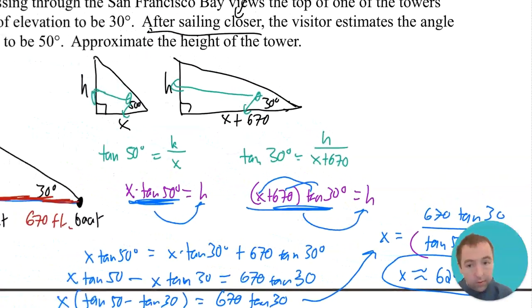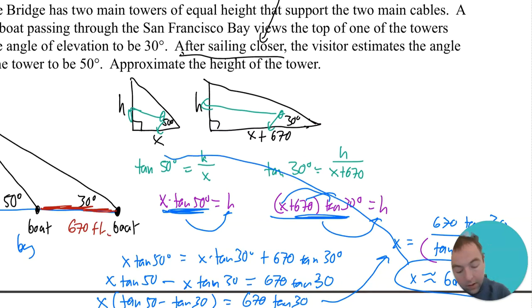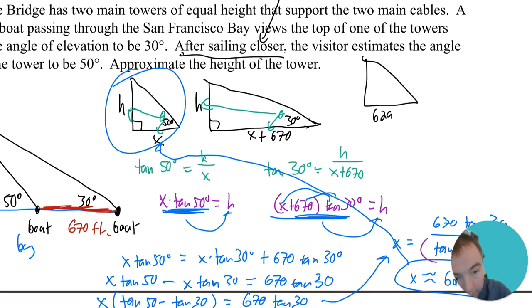So what we could do with this known x value is substitute it into maybe this triangle, and then use some trig to find h there. So since in that triangle we know this is 629.59 and this is h and this is a 50-degree angle in a right triangle, we could still use the tangent ratio and know that tangent of 50 degrees is h over 629.59, and then multiply both sides by 629.59.